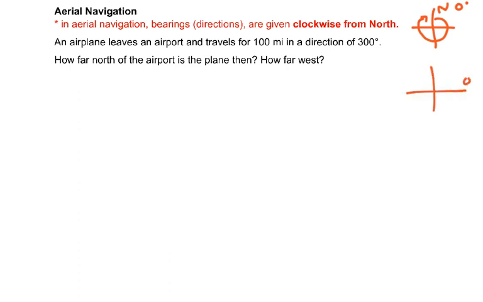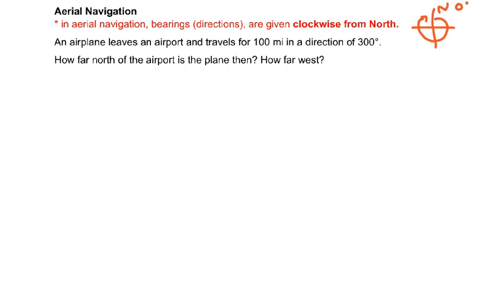We normally start at 0 on the x-axis, and we rotate counterclockwise to get to 360. So just make sure you pay attention to the type of problem you're working on. If we're talking about navigation, especially aerial navigation, we're going to start at north and rotate clockwise.